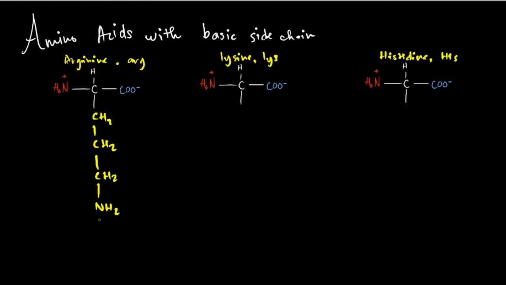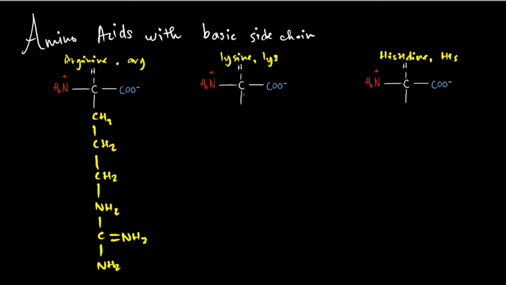Then we will have here our carbon, and that is double bonded to another amine. Then we have another amine here. And as you may notice here, due to the presence of too many amines, this side chain is actually basic. Okay? By basic, this is polar and yet basic.